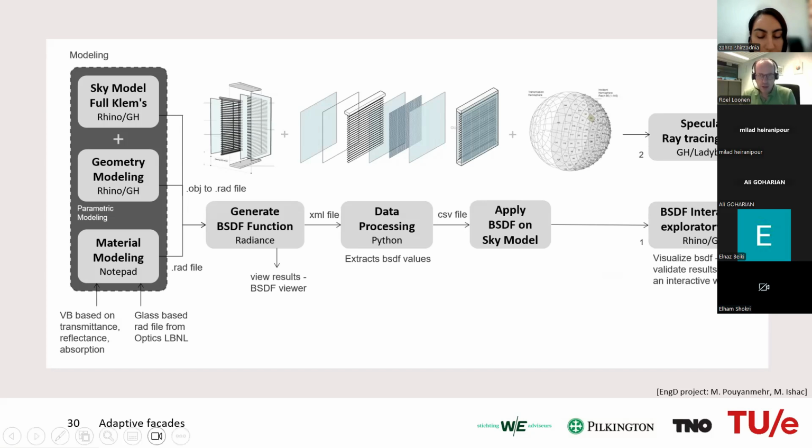In addition, we are doing this type of ray tracing simulation to really see where the incoming light goes, and how we can optimize the configuration to maximize also the energy generation potential of it.